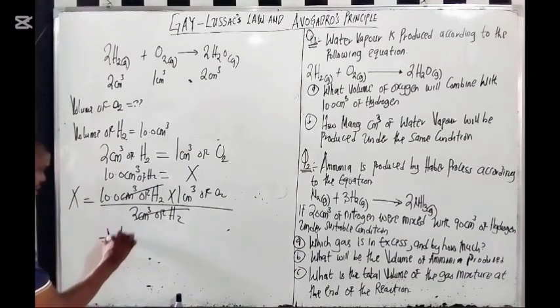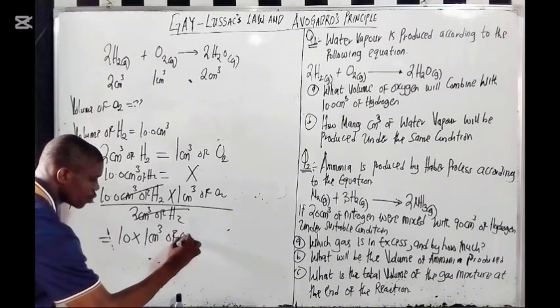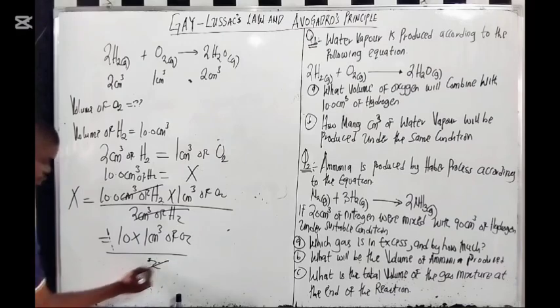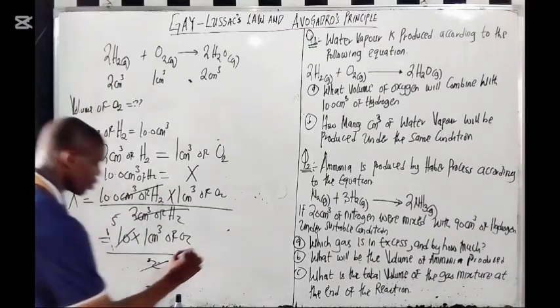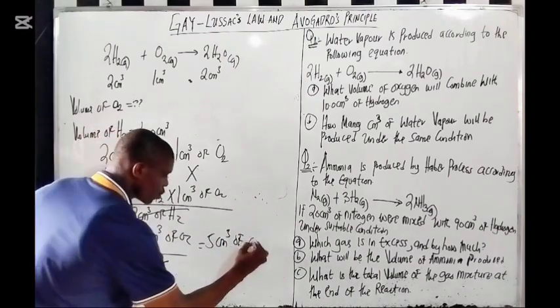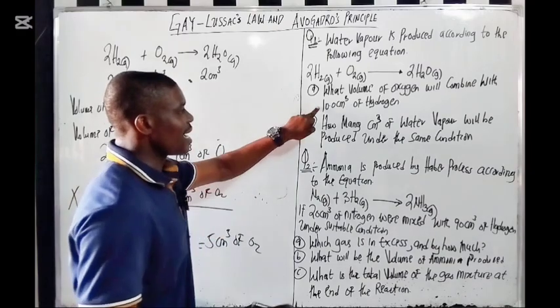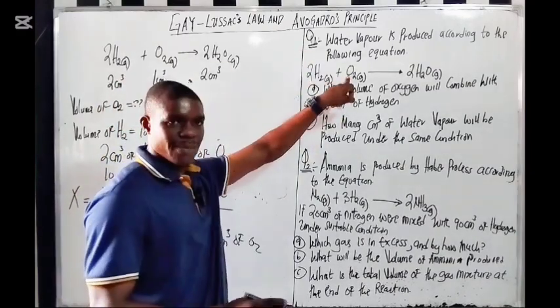So you go to 10 times 1 cm³ of O2 over 2. This goes to 5, so 5 times 1 cm³ is 5 cm³ of O2. Do you understand? It means that 10 cm³ of H2 reacts with 5 cm³ of O2.